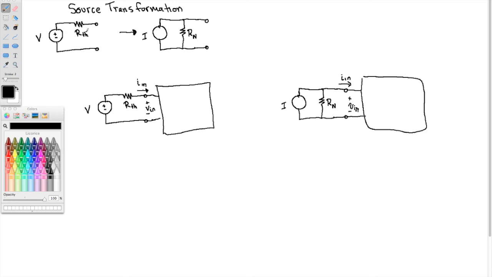Given this box, this picture, how do I transform it to this picture? And you'll have homework problems where you'll see why you want to do that, which I'm not going to cover. Alright, well, let's start with a simple black box. Let's say the black box is simply an open circuit. There's nothing in there.